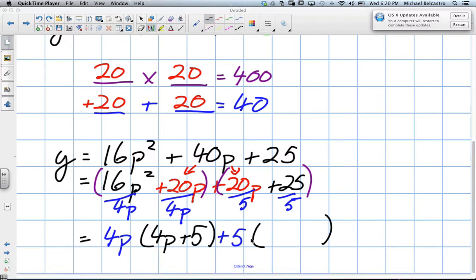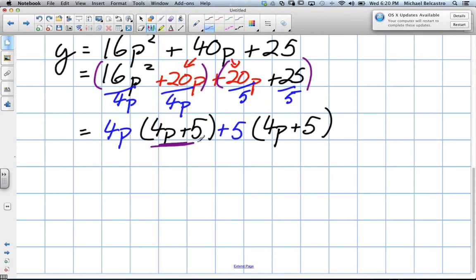With that same idea, we wrote the 5 in now. What is 20p divided by 5? 4. And what happens with this p? It stays. That's right. And what is 25 divided by 5? 5. That's right.